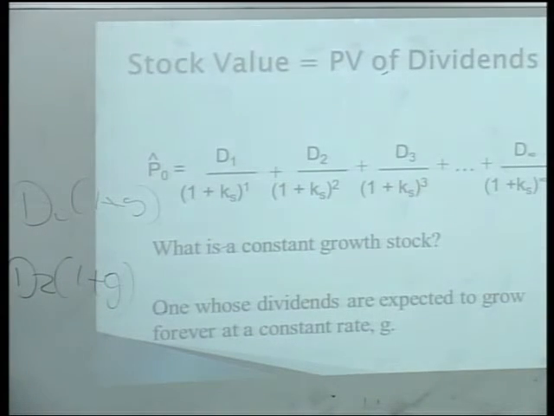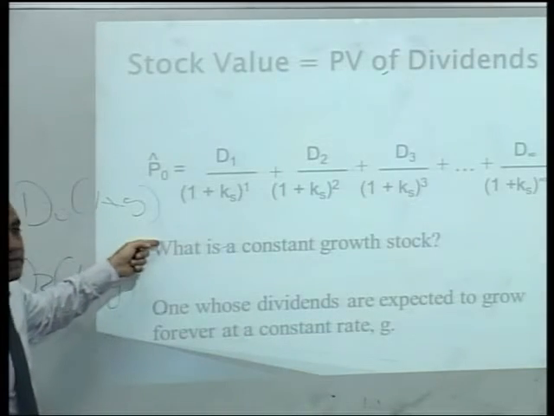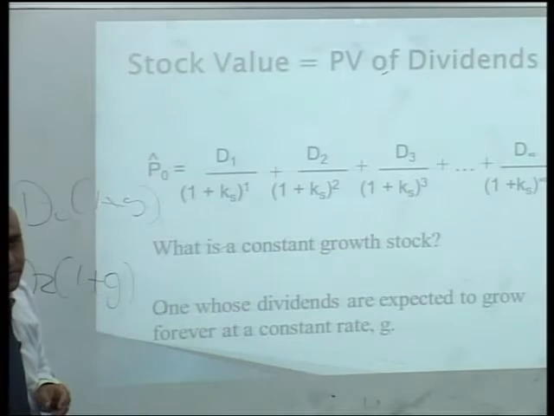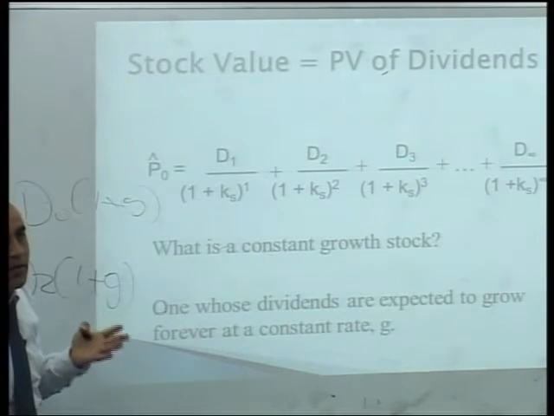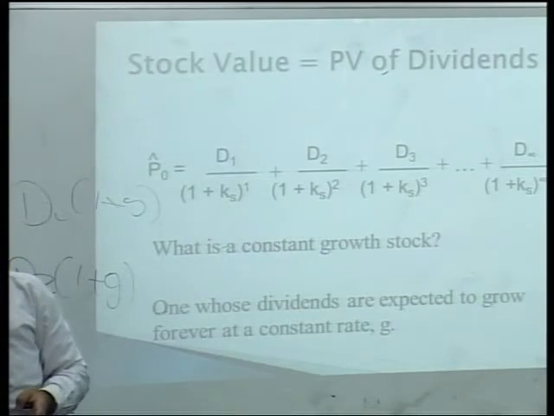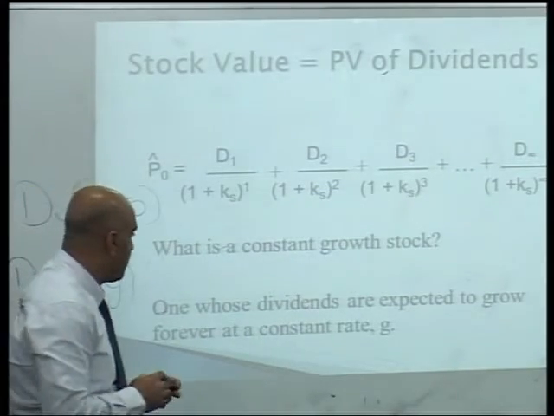In order to estimate the dividends in year 1, it is the dividends at the beginning of the year, okay, times 1 plus the growth rate. You can observe the importance of growth rates. We assume that the growth is growing as a constant. Okay?